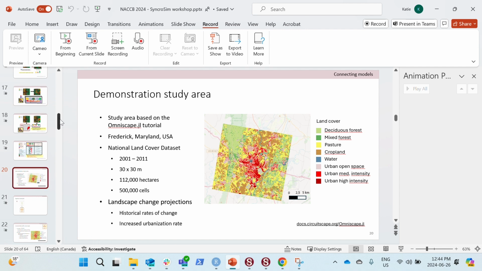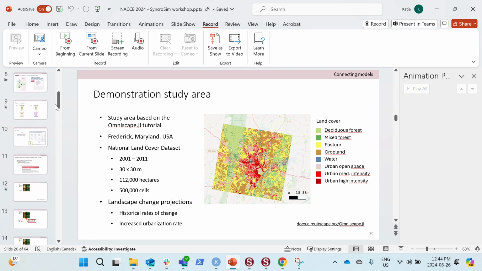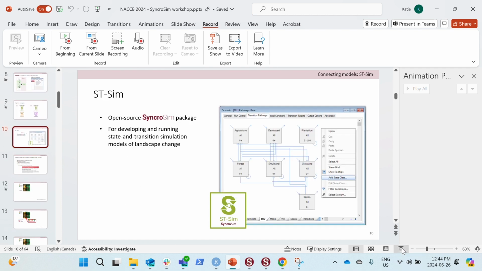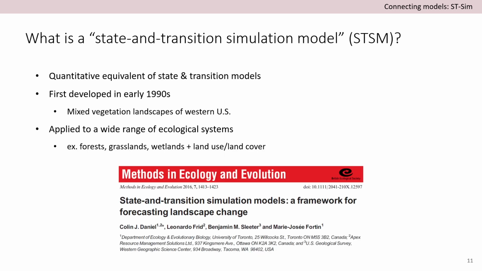Before jumping into the scenarios, I'm just going to talk a little bit more about how STSIM works. So STSIM is this package for forecasting landscape change. It's an open source package, and it uses what's called a state and transition simulation modeling approach. This approach was initially developed in the early 90s.